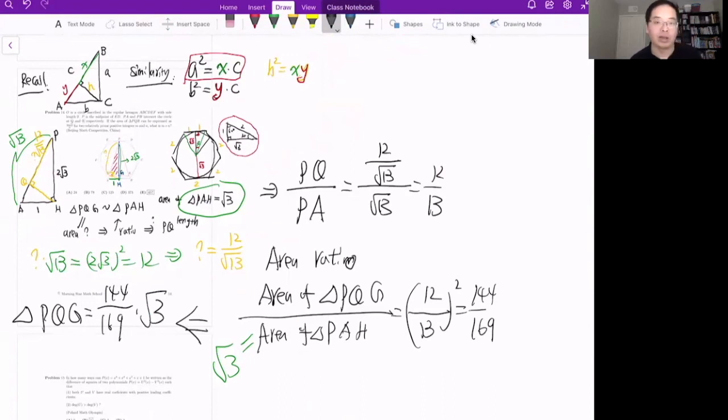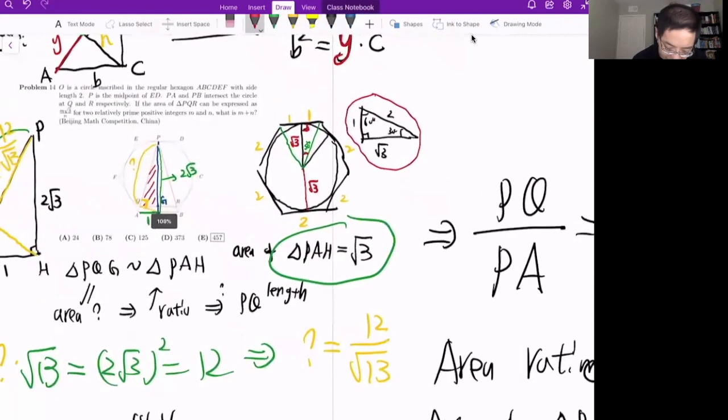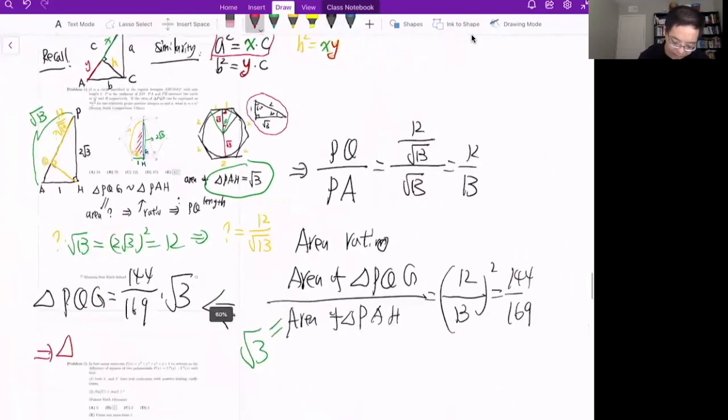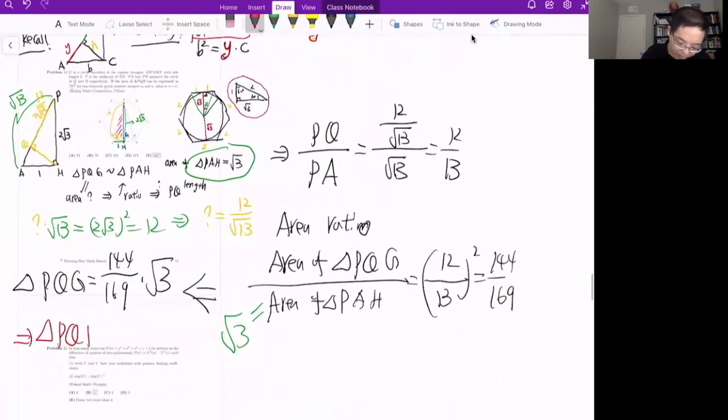The red one is 2 copies of that. What we want to calculate is the area of PQR, which will be twice that, which is 288 over 169 times the square root of 3.